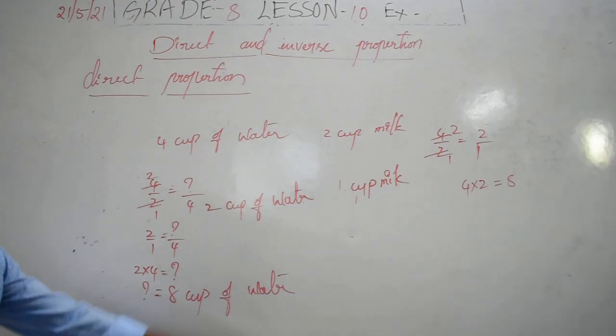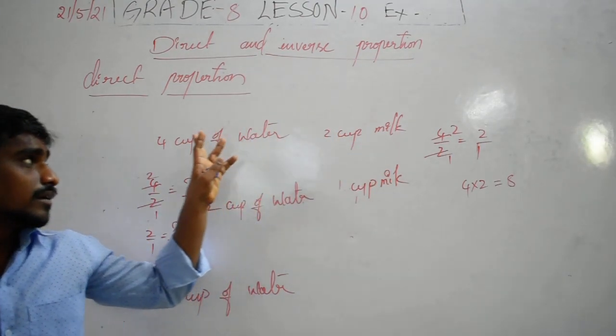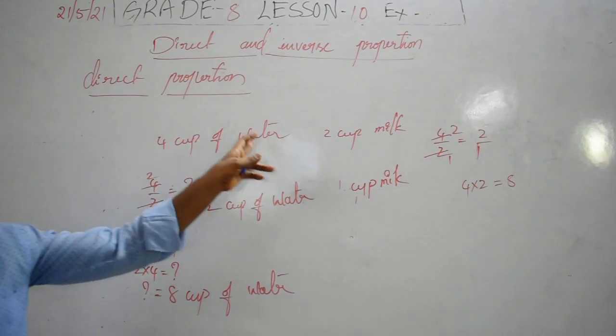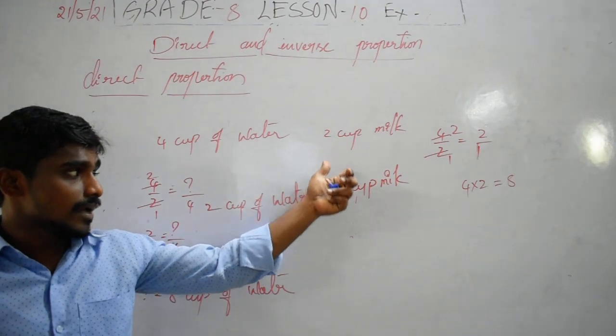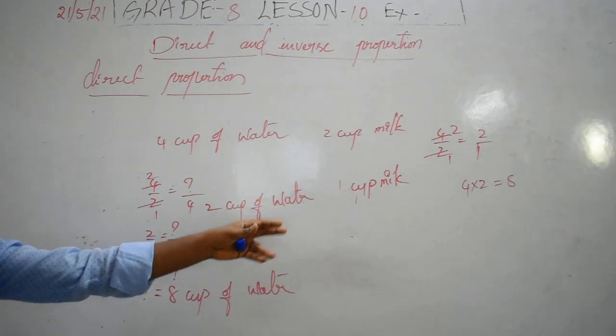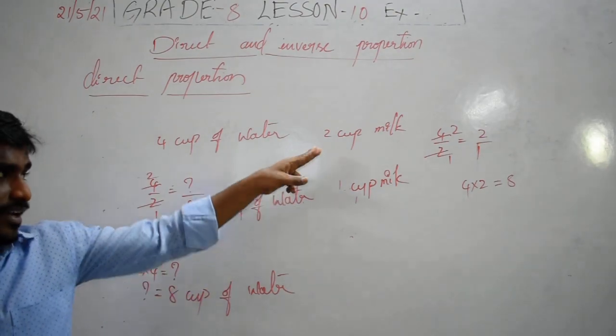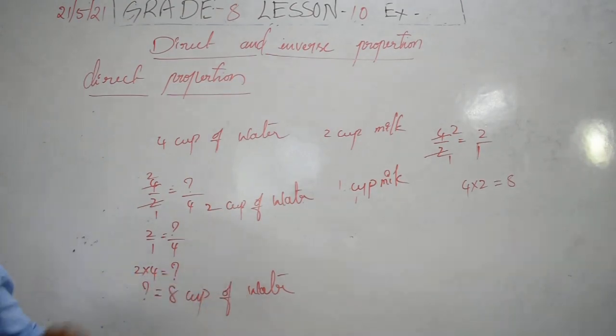Now here first he needed 2 cups of milk, he needed 4 cups of water. So 2 cups of tea he is preparing. Here 1 cup of milk he is using, 2 cups of water. Here see, this quantity decreasing, this quantity also decreasing.